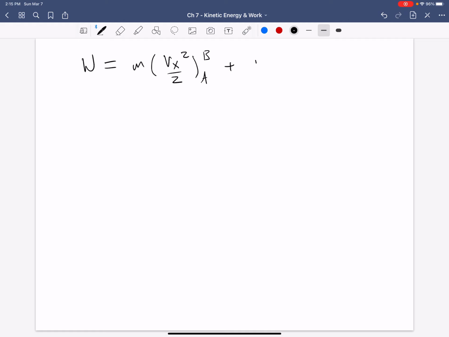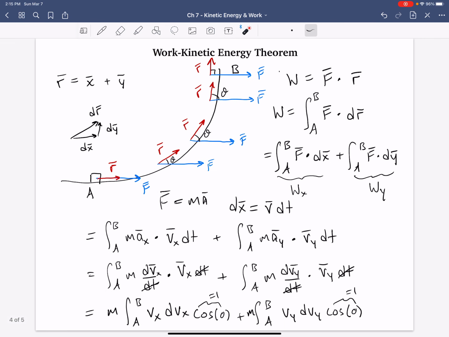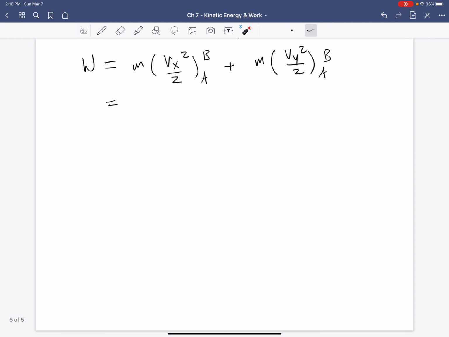We do the same thing for the y direction. Again, this v squared over 2 comes from simply integrating Vx with respect to dvx, right? Don't let the subscripts throw you for a loop. They're just part of the variable, if you will.